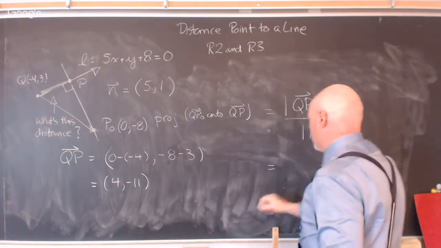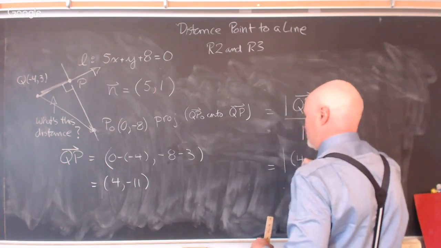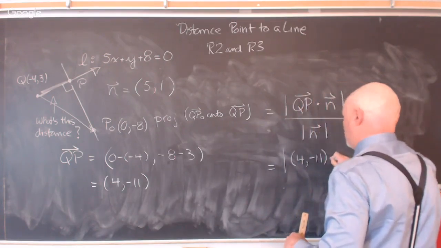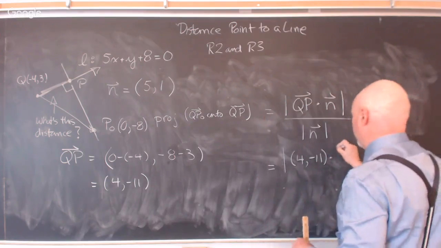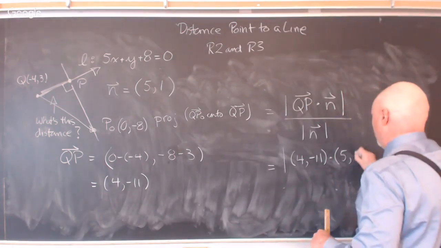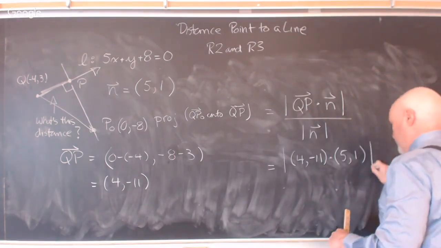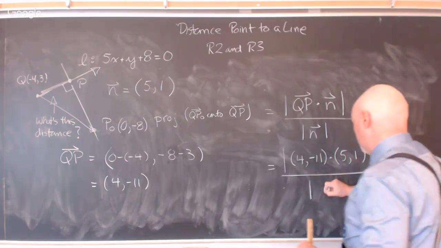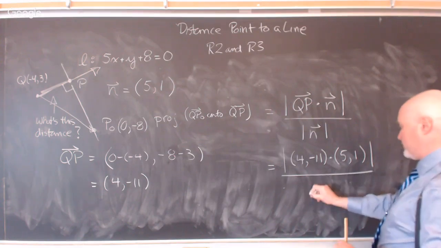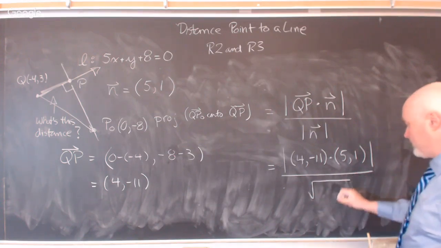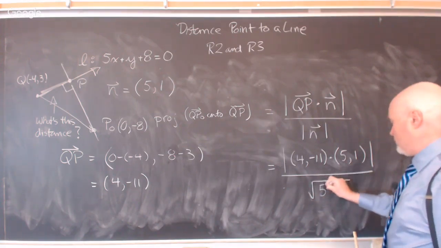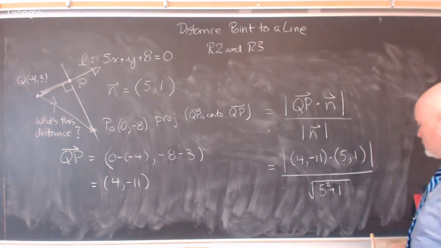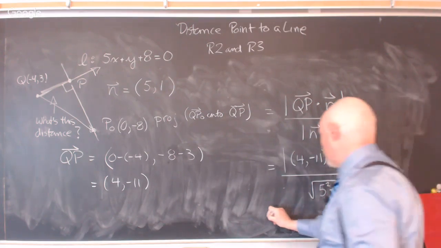Okay, so all I have to do is (4, -11) dot the normal vector, a normal vector, (5, 1), and then I have to divide that by the magnitude of the normal vector. And so the magnitude of the normal vector, we just have to use our Pythagorean theorem. So this is 5 squared plus 1 squared, which is going to make square root of 26.